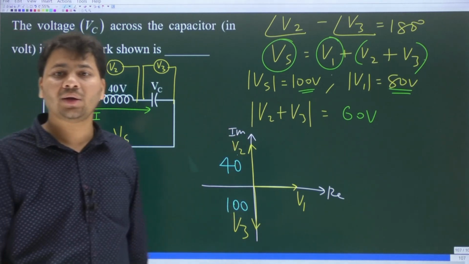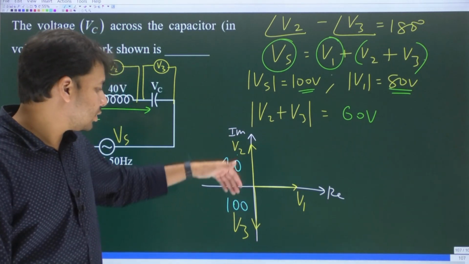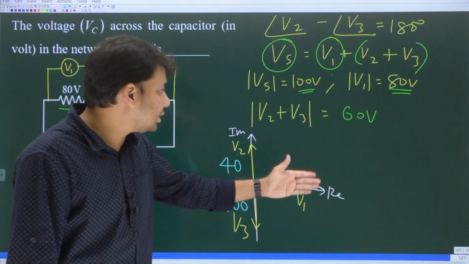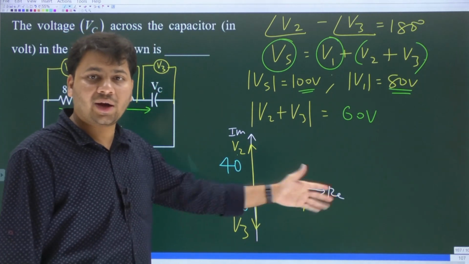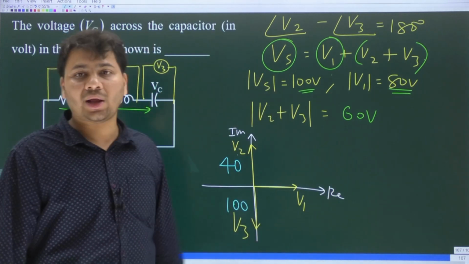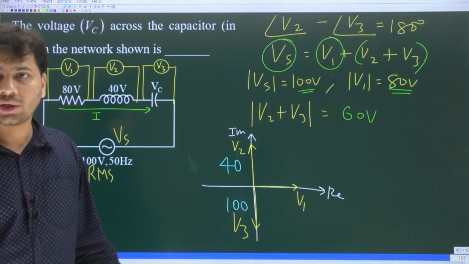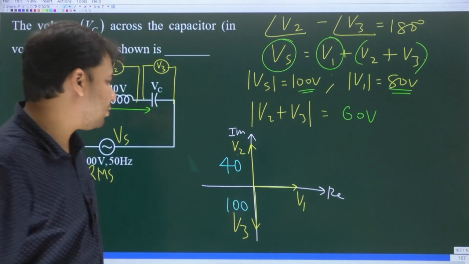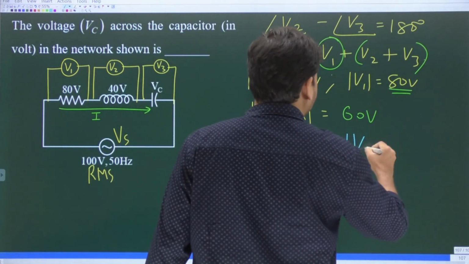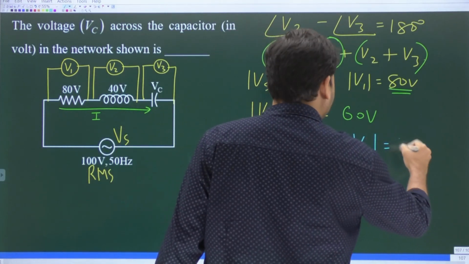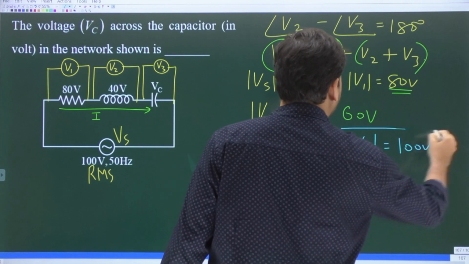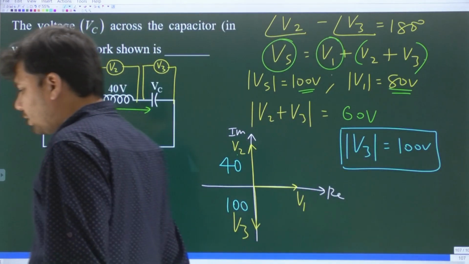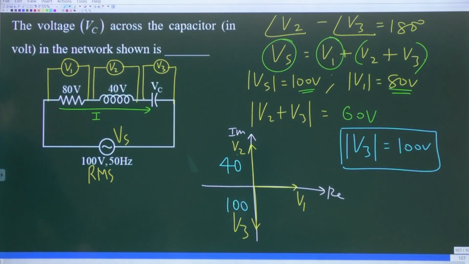Longer minus shorter. 100 minus 40 is 60. So now this is 60, this is 80. 60, 80 perpendicular. Resultant will have a length of 100. That's all. So what is mod V3? It is 100 volts. In other words, the reading on the voltmeter V3 is going to be 100.